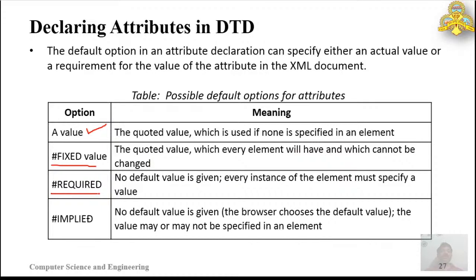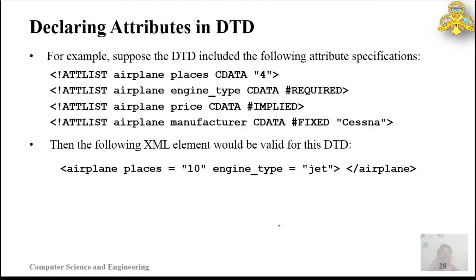REQUIRED means that in the XML file we must provide the value; there is no default value. IMPLIED means that if no value is given, then the browser chooses the default value, and the attribute may or may not be specified in an element. So now we'll go for the example.